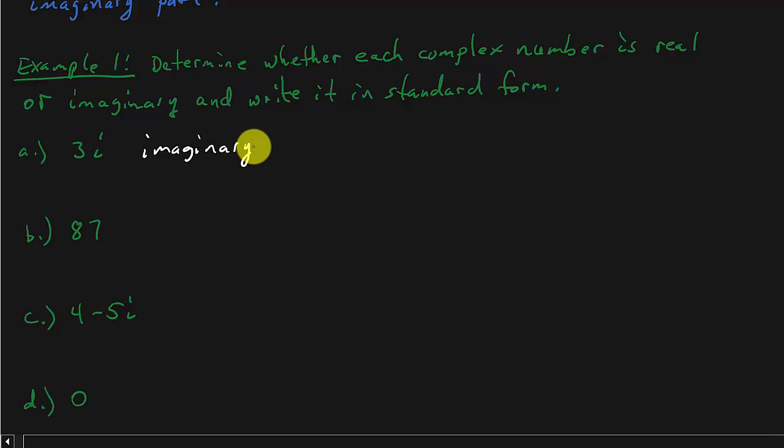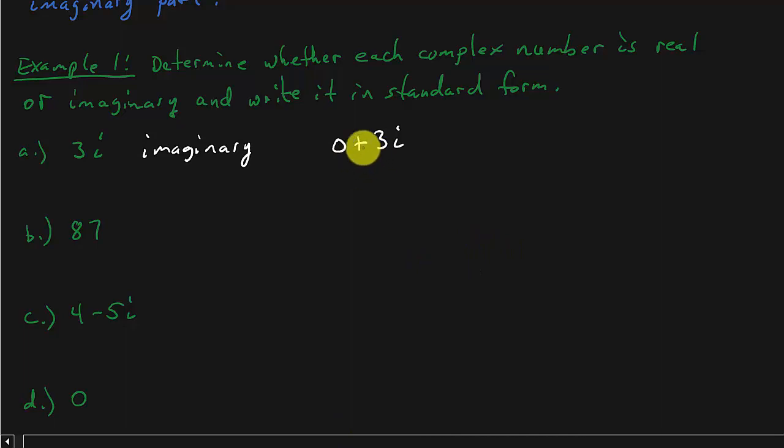And then if we write it in standard form, that would be what? 0 plus 3i. See, in this problem, a is 0. Now, what I want you to understand as I'm writing these things down in standard form is that, as I go down through the problems, this is not how you're going to write it.